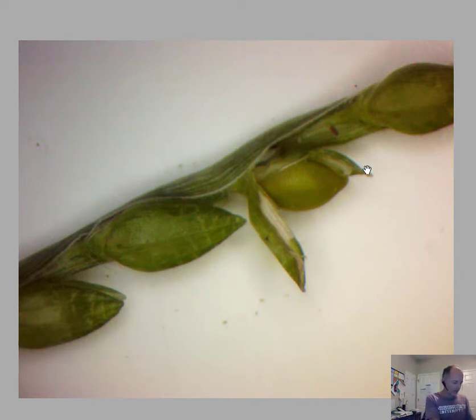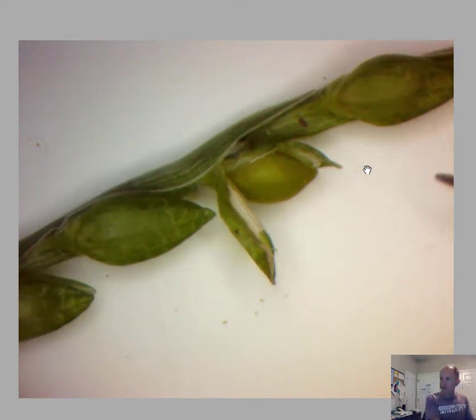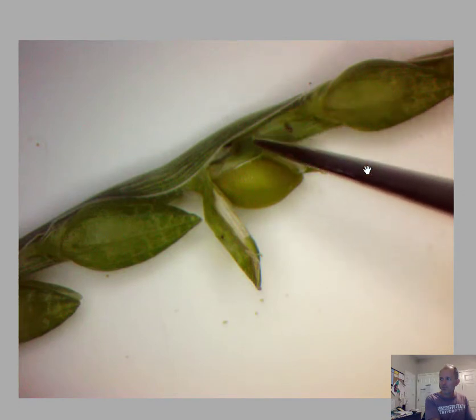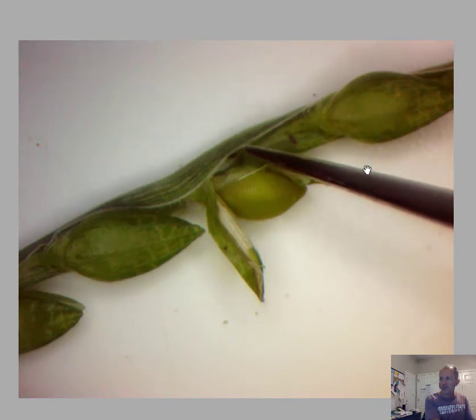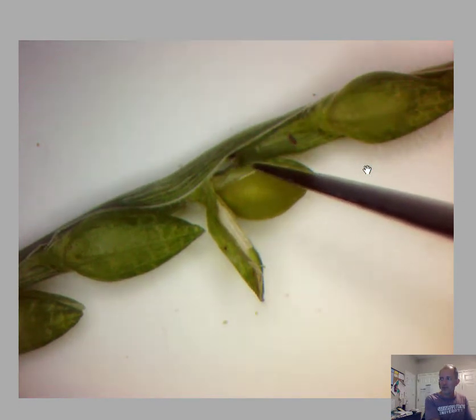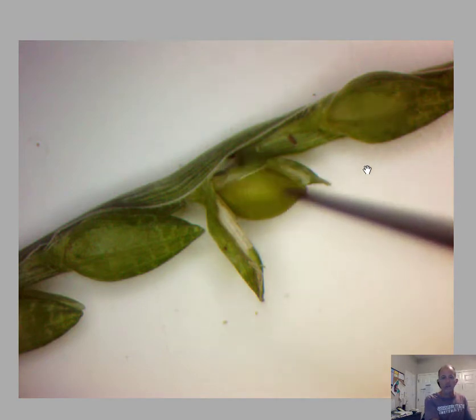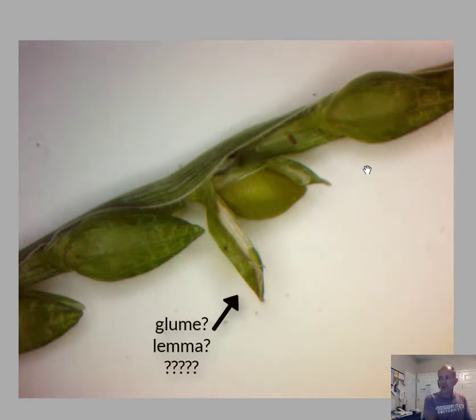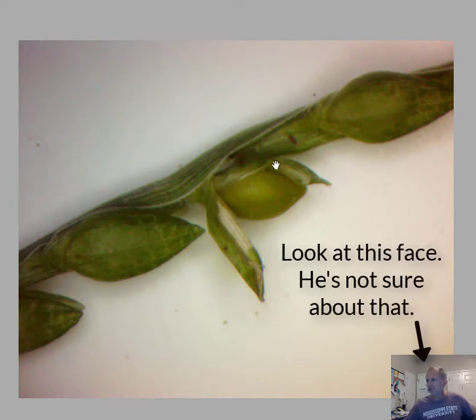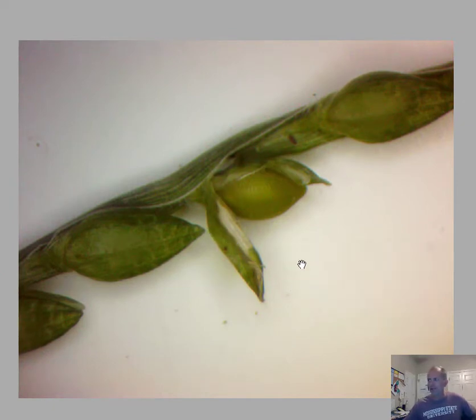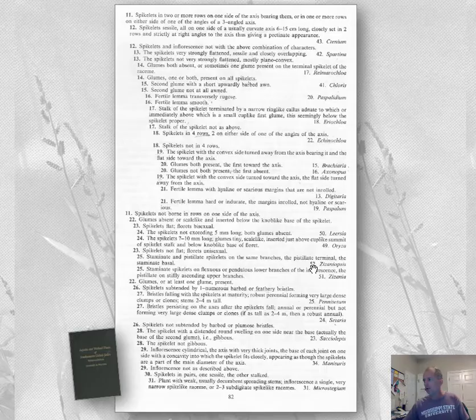Right down there at the tip of this probe, back underneath this thing, is a gloom. So there's one gloom down there and then a gloom out here. So we have two glooms. Okay, I think I got that right. And I think there's a lemma in here and the palea. But anyway, we have glooms present.